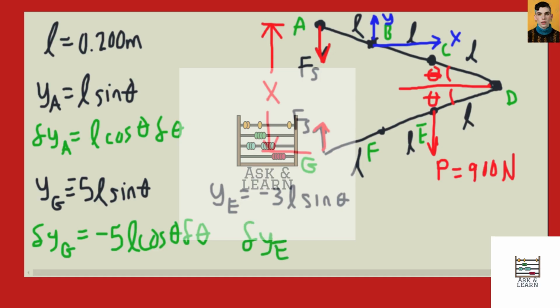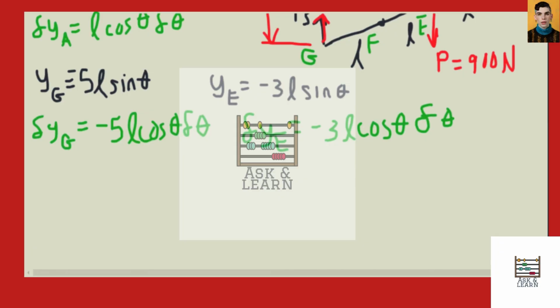Delta Y at E is negative 3L cosine theta delta theta. So delta U is 0.